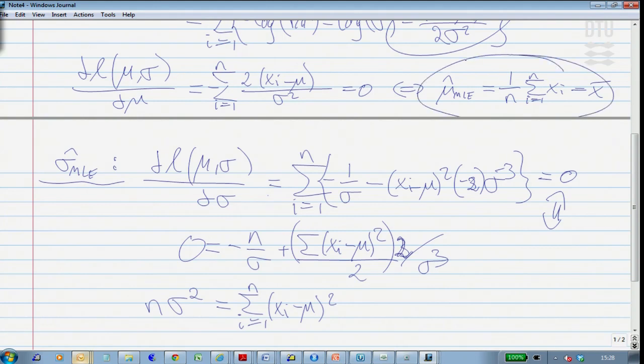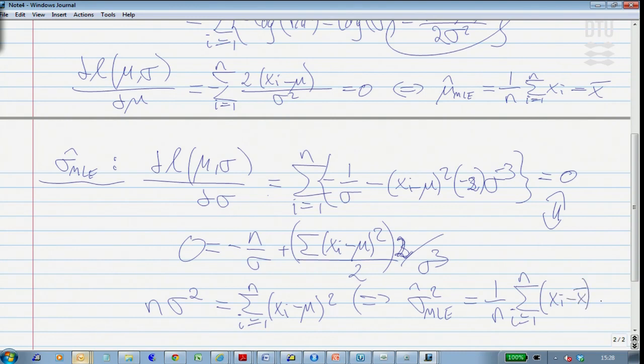So if I plug this in, I now see that for the maximum likelihood estimator of the variance I divide by n, and I plug in the maximum likelihood estimator of mu, and I get the maximum likelihood estimator of the variance using the normal distribution.